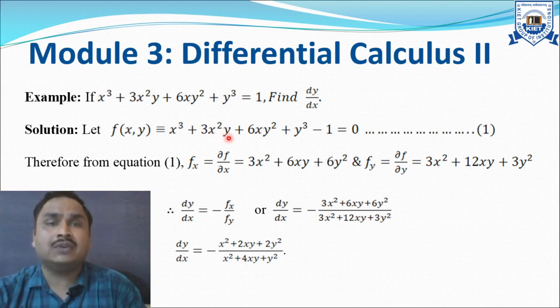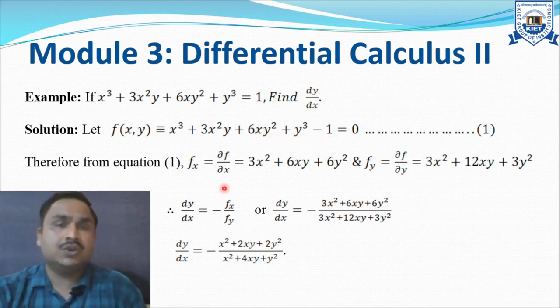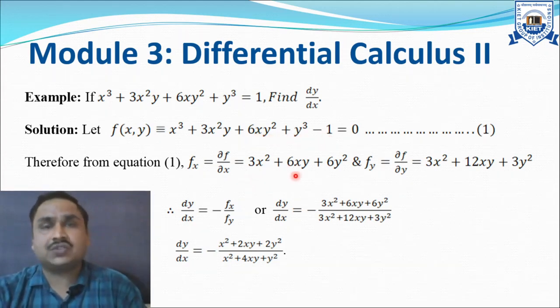So overall the value from the second term will be 6xy. From the third term, y square will be treated as constant, and the derivative of x with respect to x will be 1, so we shall get 6y square, and the last two terms will give 0. So fx will equal 3x square plus 6xy plus 6y square.